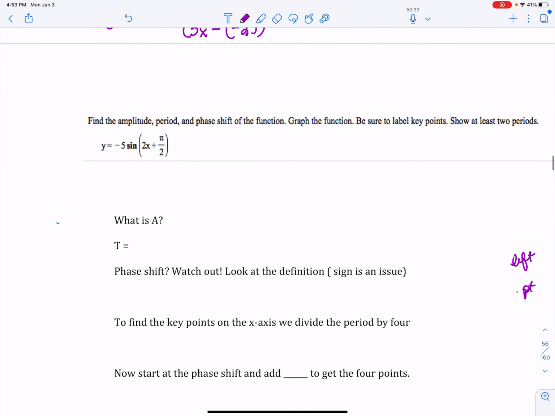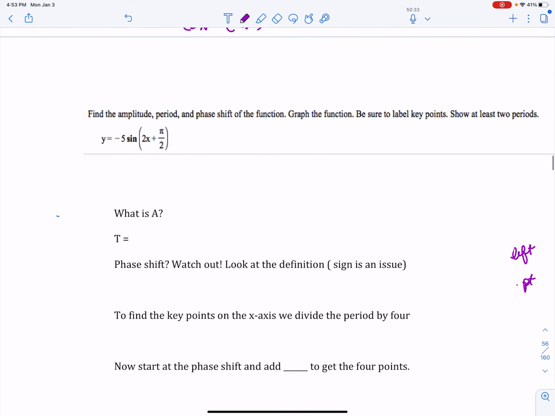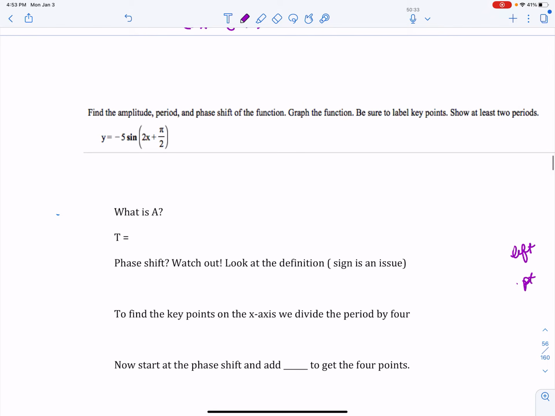For this next one, it says find the amplitude, period, and phase shift of the function. Graph the function. Be sure to label key points. Show at least 2 periods. So I have y equals -5 sine of 2x plus pi over 2. The first thing they're asking us to do is find the amplitude.